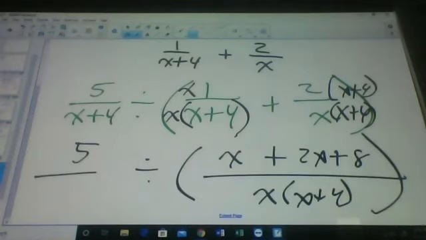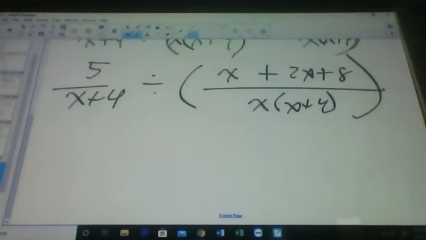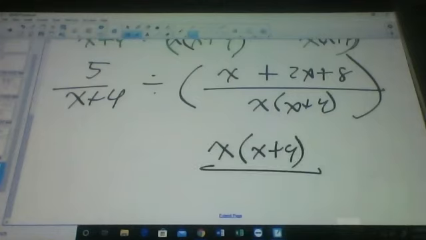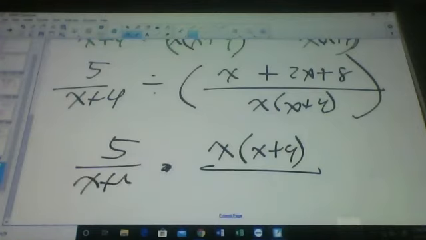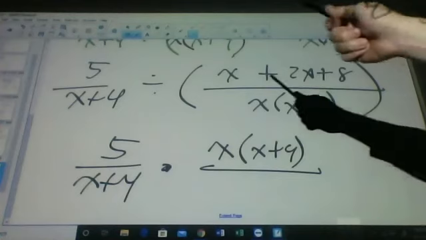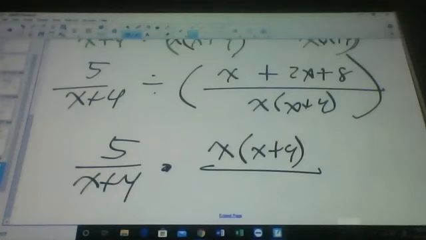And then this is 5 over x plus 4. Well, same change flip. I flipped the second fraction over. That's in the numerator now. I'm multiplying. My denominator is here. x plus 2x would be 3x, 3x plus 8.